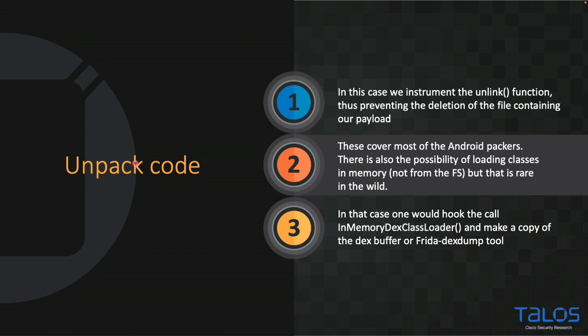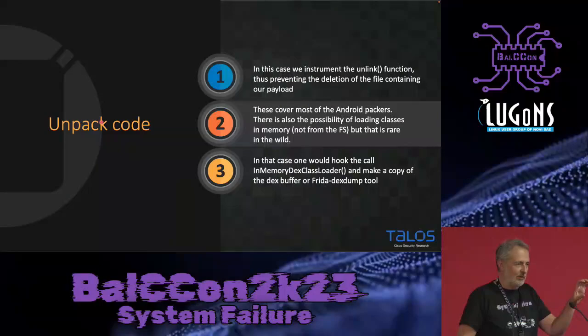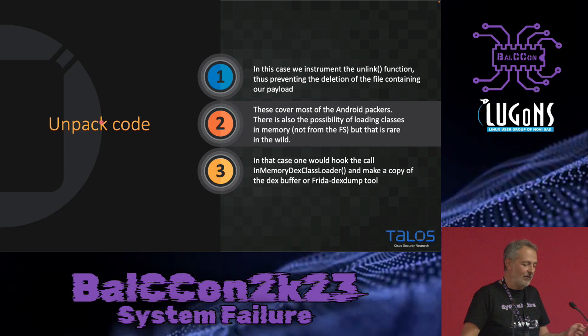So we try to delete the file, we just return success, but in fact we don't delete the file on the disk. Once the malware finishes the execution, we just go with adb pull and we pull that next stage, and then we can analyze it in a normal decompiler. So that's how it works in theory.